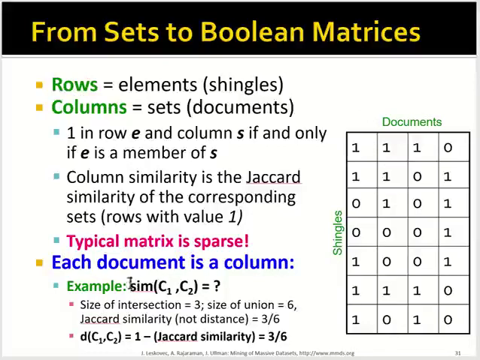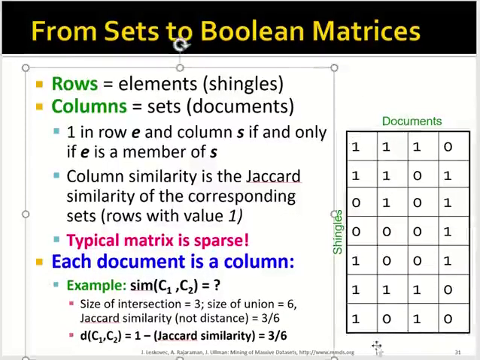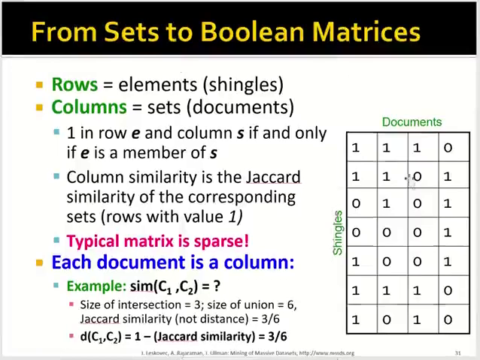For example, if we try to compare the similarity of C1 and C2, the size of the intersection, which means that both C1 and C2 are present with one, is row 1, row 2, and row 3. These are the intersections. Both C1 and C2 are ones.